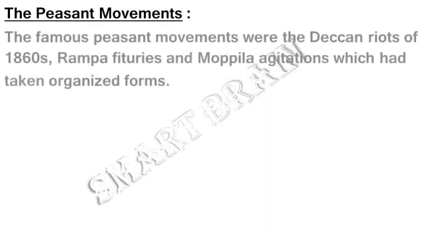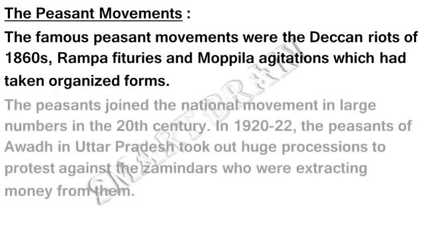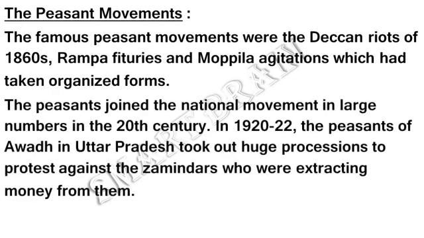The peasant movements. The famous peasant movements were the Deccan riots of the 1860s, Rampa Rebellion, and Mopila agitations, which had taken organized forms. The peasants joined the national movement in large numbers in the 20th century.